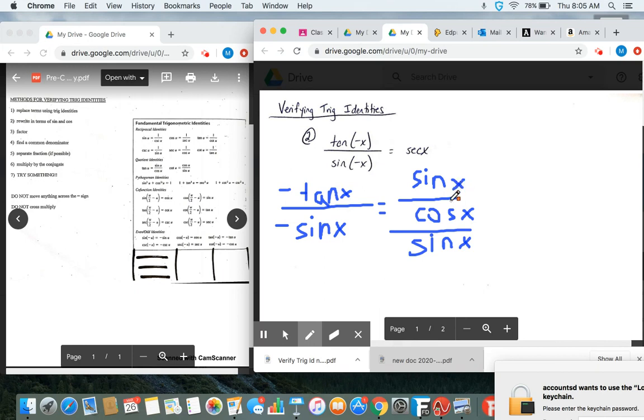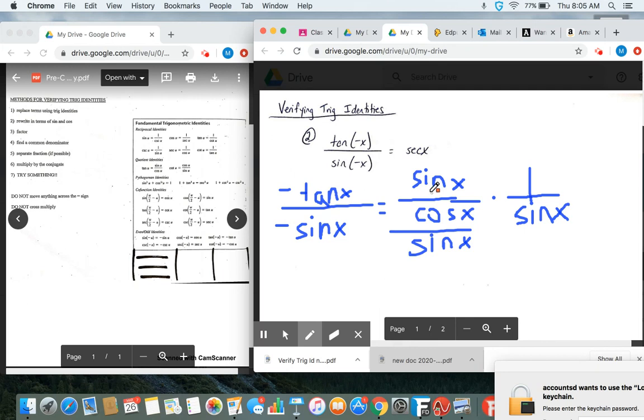Now, all I did there was just get rid of tangent by replacing it with sine and cosine. And I see that I need to get secant. So how can I continue to simplify all this? Well, rather than divide with fractions here, let's multiply by the reciprocal and see what we get. So the reciprocal of sine x would be 1 over sine x. And notice what's going to happen now.